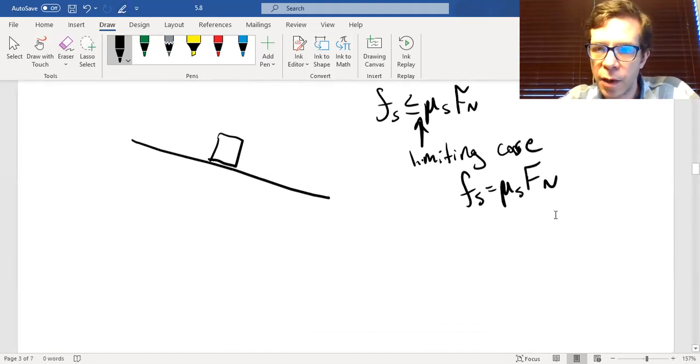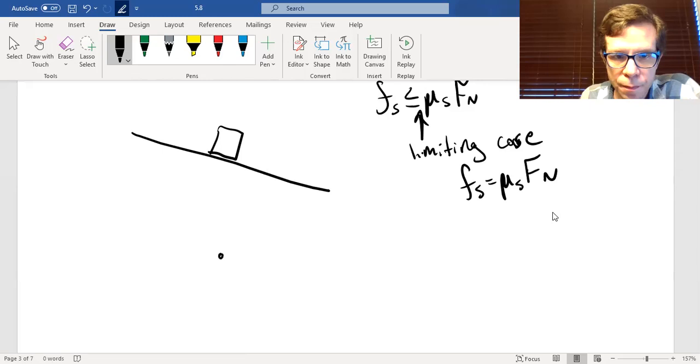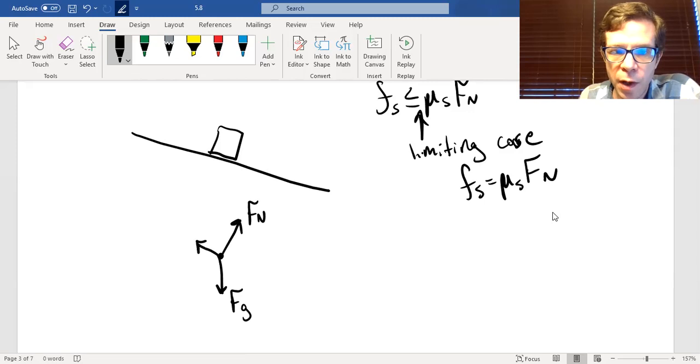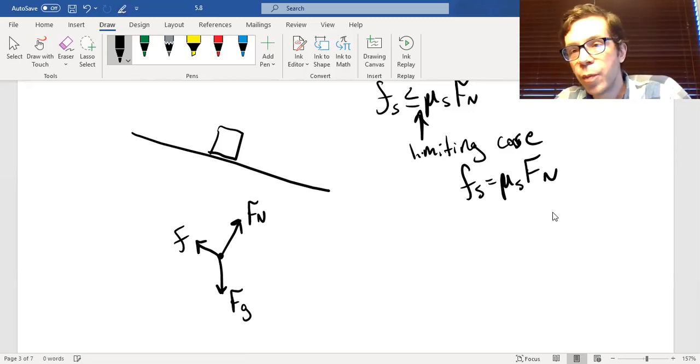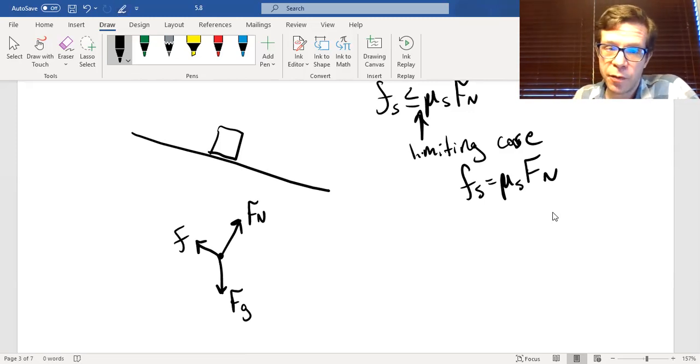So let's look at our free body diagram. Got our gravity, we've got our normal force, and we've got our friction.